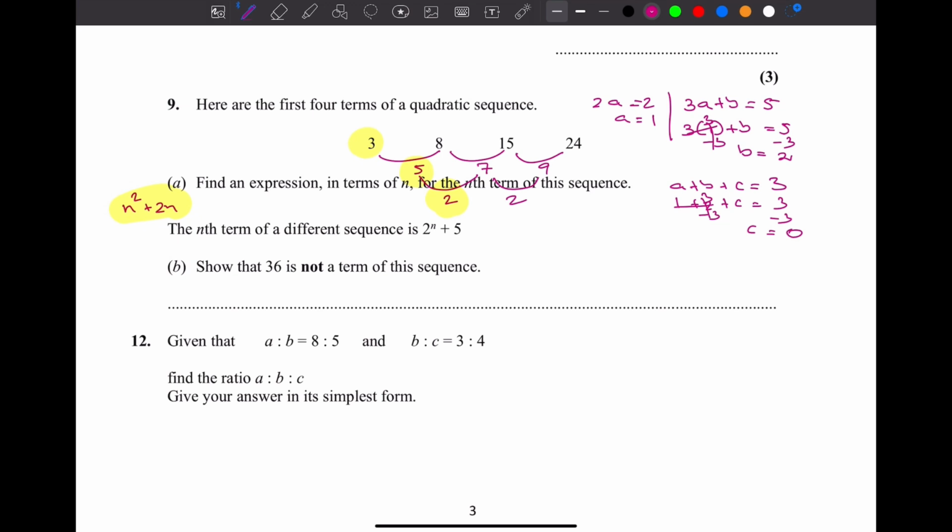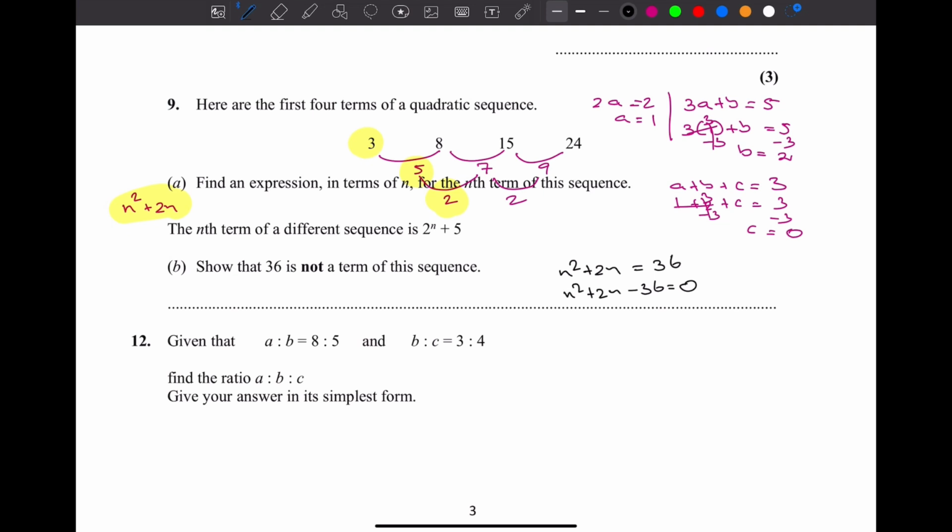Show that 36 is not a term in the sequence. Okay, it depends how you want to do it. Well, technically you would say n squared plus 2n should be equal to 36, n squared plus 2n minus 36 equals 0. Okay, factors of 36 that can make 2.